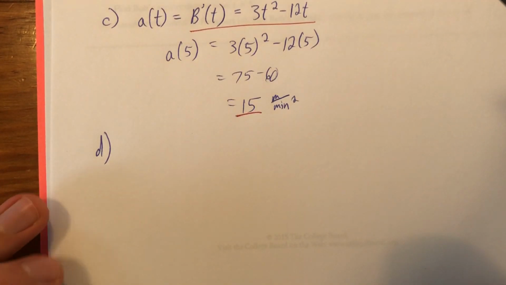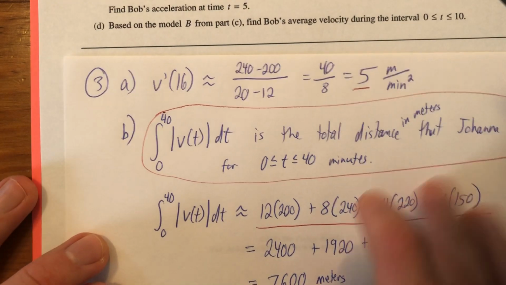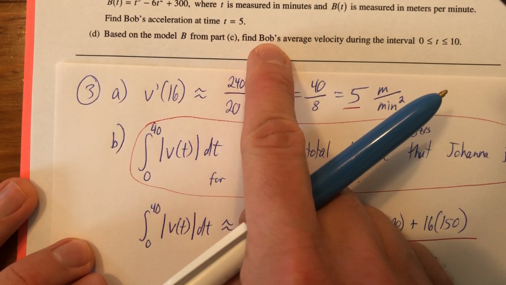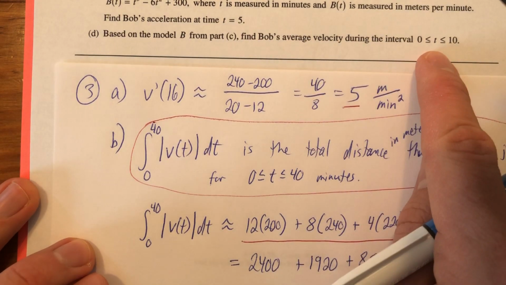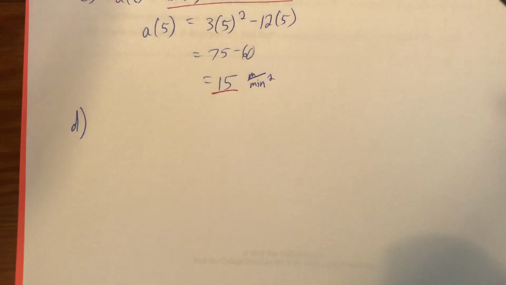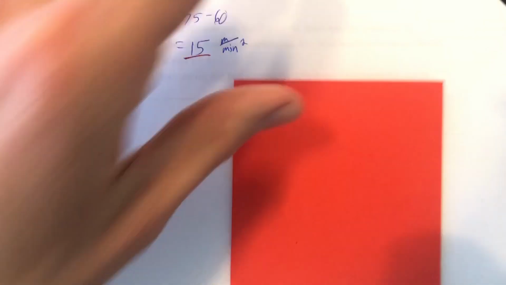All right, part D. Based on the model B from part C, find Bob's average velocity during the interval from 0 to 10. What's average velocity? Okay, well, the average value of a function is represented by this. Let me use this random red piece of paper that's laying right here.